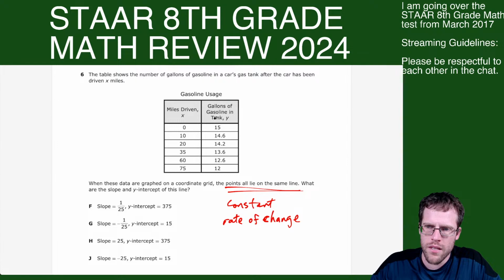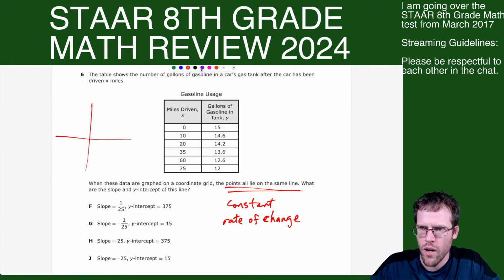So what are the slope and y-intercept of this line? So a line's y-intercept is where the line crosses the y-axis. If you just look at this point here, (0, 15), that means the line is going to cross the y-axis here. And then if I pick another nice point like (75, 12), 75 is out here and 12 is over here. So these are 2 points that are definitely on this line.